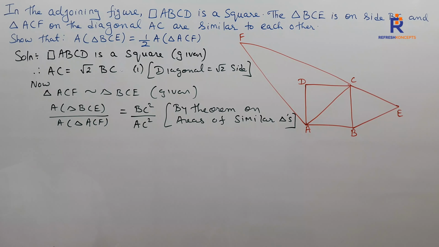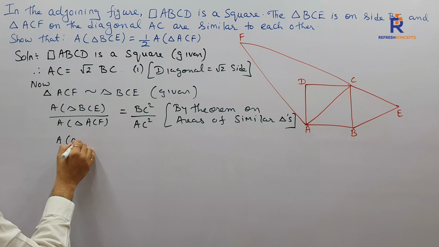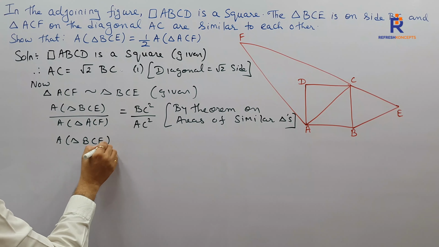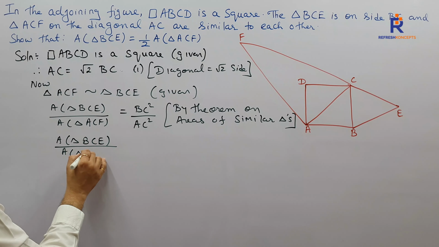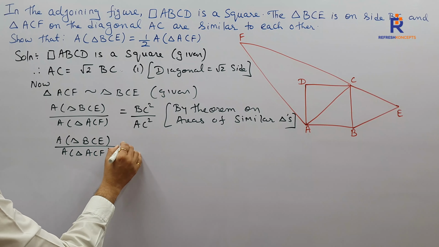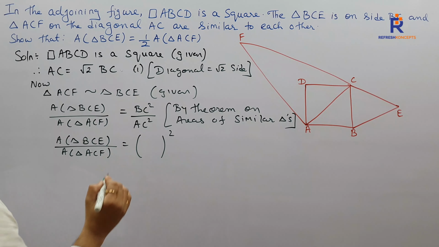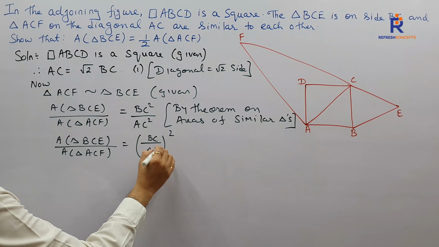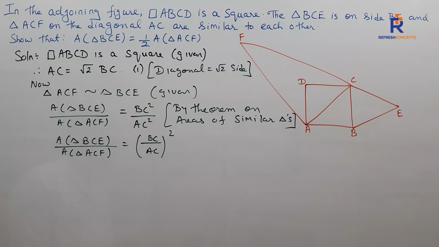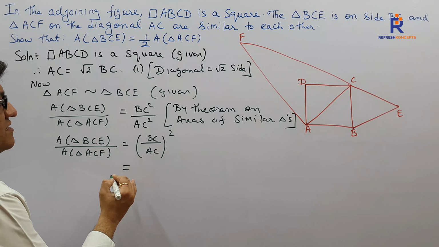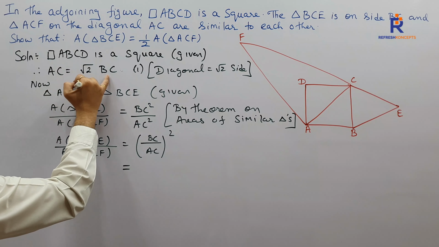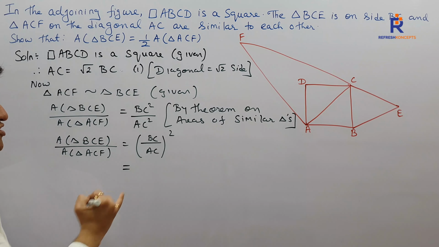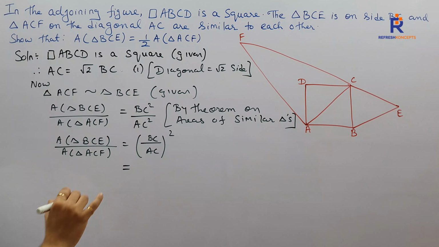What next, children? Can I say area of triangle BCE upon area of triangle ACF is equal to BC square by AC square, as BC by AC the whole square? I can very well do that. What next, sir? AC is nothing but root 2 times BC. So instead of writing AC, I can say root 2 times BC.